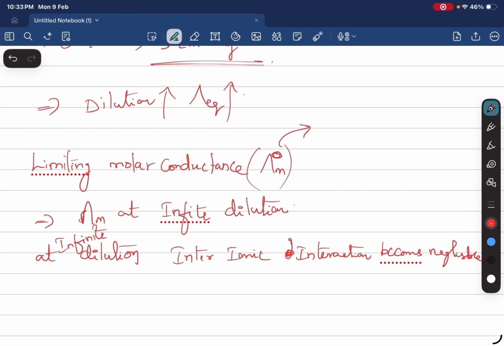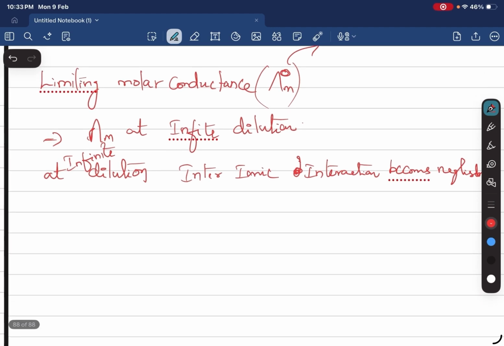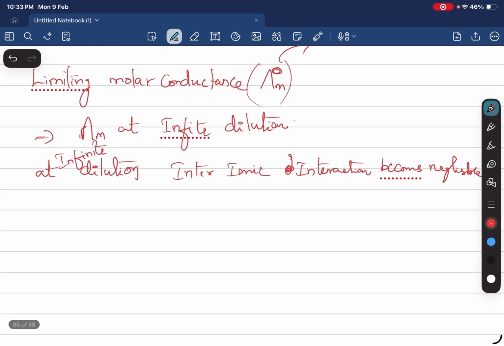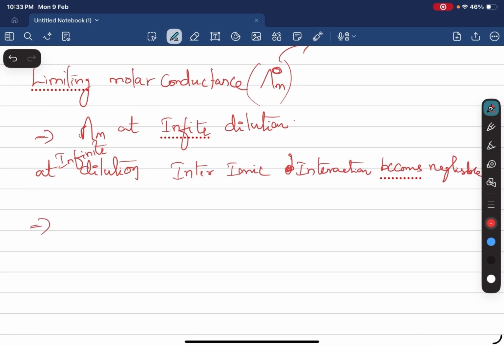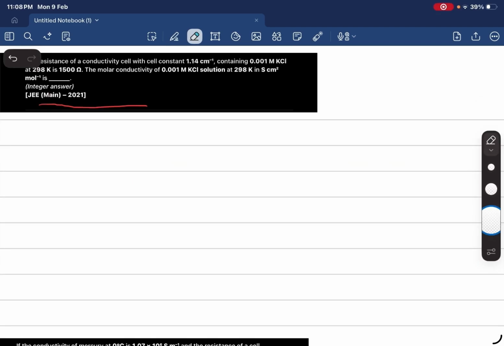Ions move independently. It has a definite maximum value. In the next class, we are going to discuss additional problems, Kohlrausch's law and the Debye-Onsager equation. Let's start the questions on these formulas.